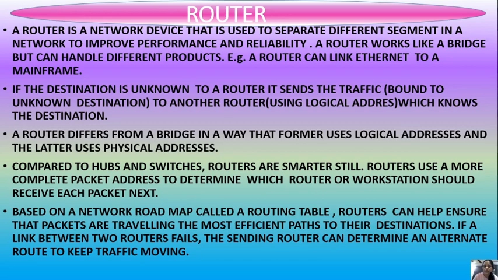And last point: based on a network roadmap called a routing table, routers can help ensure that packets are traveling the most efficient paths to their destination. If a link between two routers fails, the sending router can determine an alternate route to keep traffic moving.